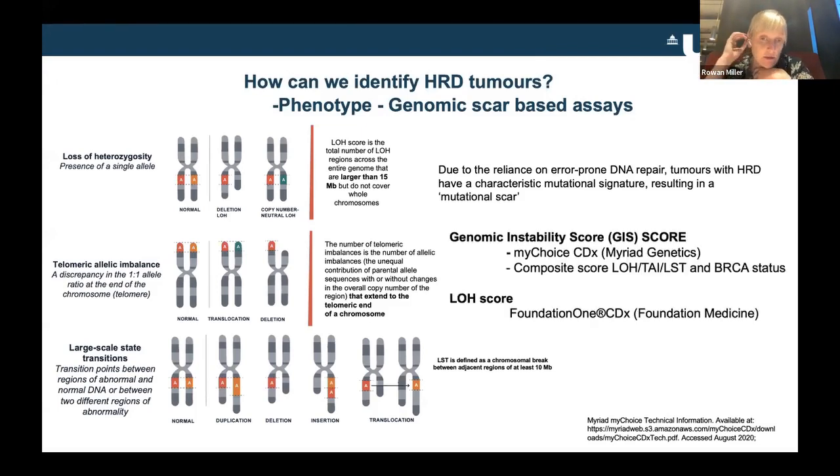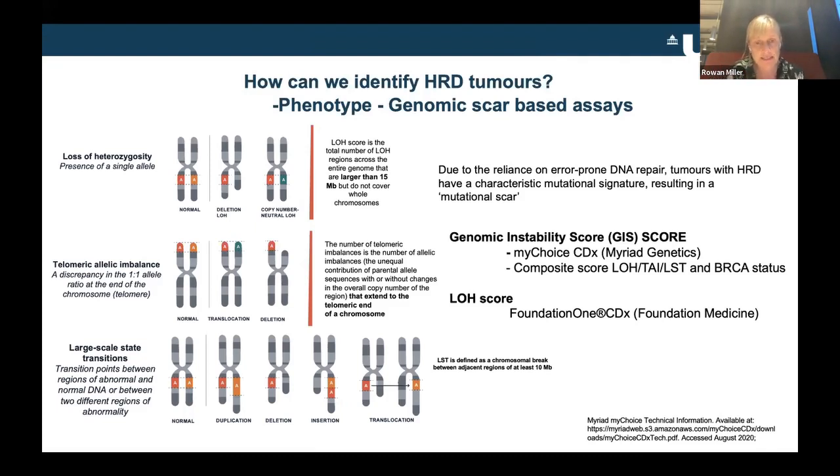And there are a number of assays, these are 2 commercial assays that have been developed to measure this HRD or genomic instability score. So the one we use in the UK is the Myriad test. It looks at the genomic instability score. So it's a composite score of these 3 markers of HRD, and it also provides a BRCA result. Or there's also the Foundation Medicine test, which just looks at LOH.